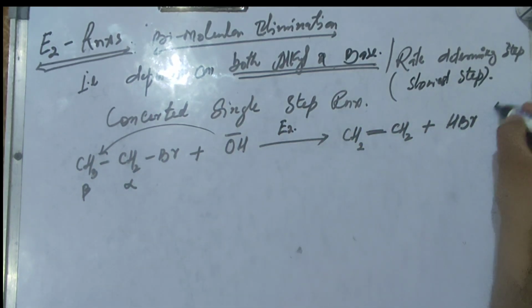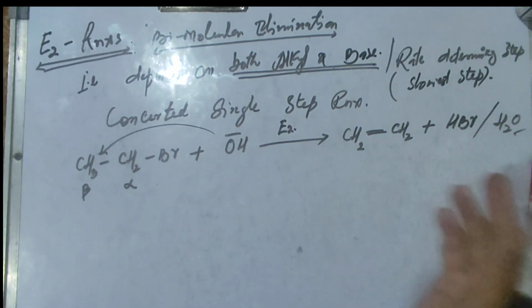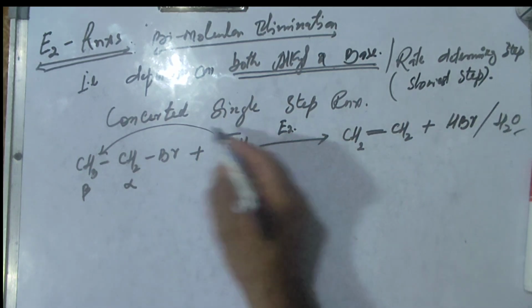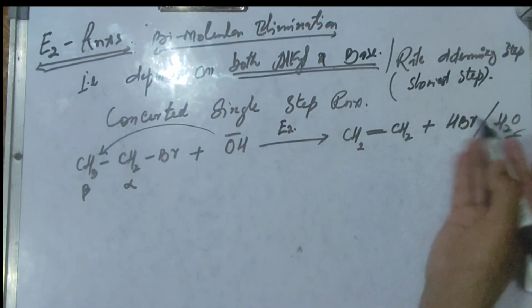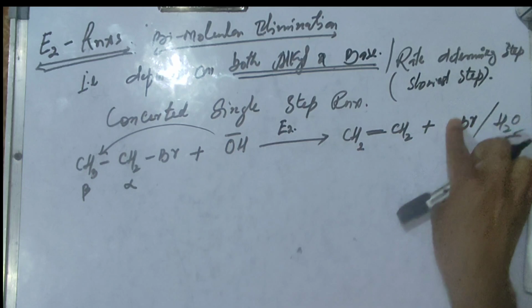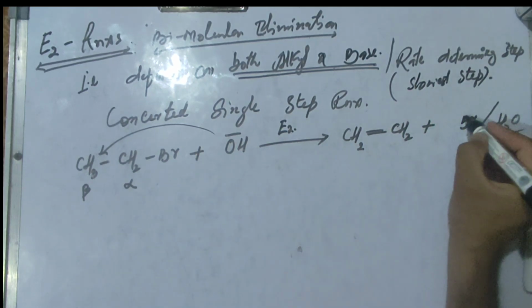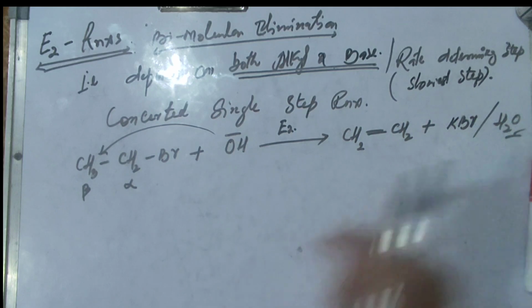If OH removes the proton here, then we will get water and Br negative. But this Br will also react with H positive and we will get HBr, or usually we have alcoholic KOH. That means we will have KBr, not HBr, so we will get KBr and H2O.